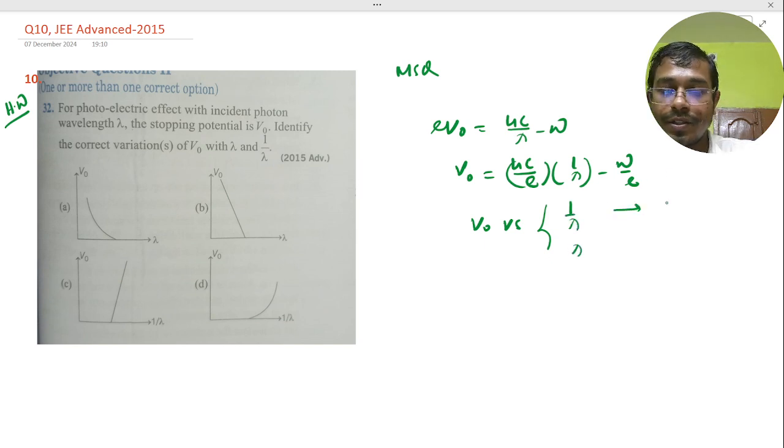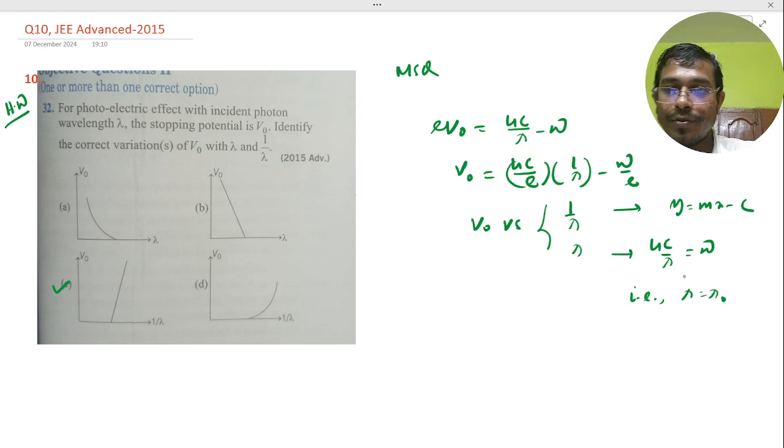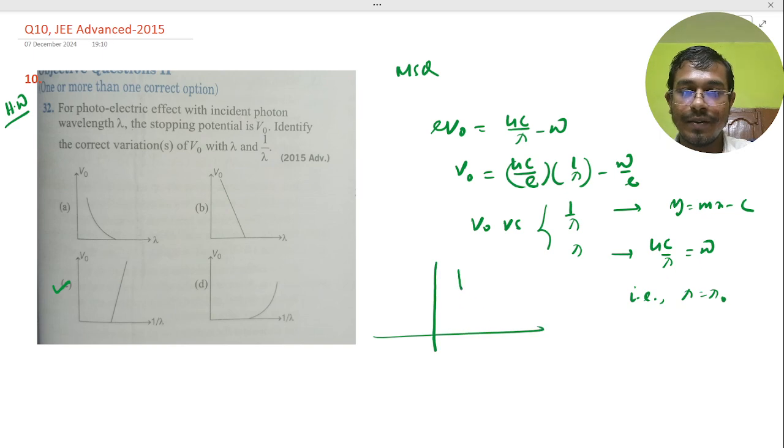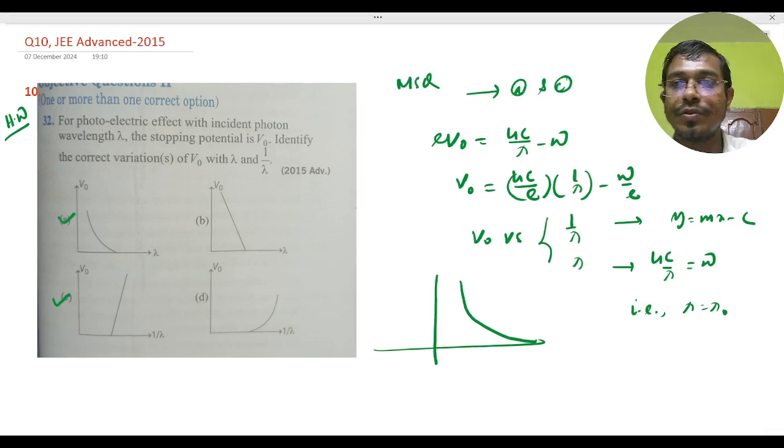For 1 by lambda you write y equal to mx minus c. For lambda, you try to think, this is the decay for lambda. So A would be correct, A and C, the MSQ type question should be correct.